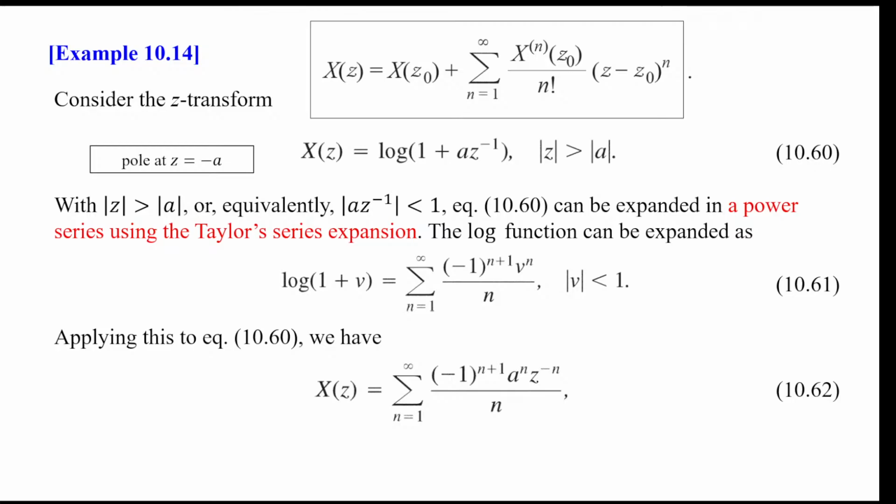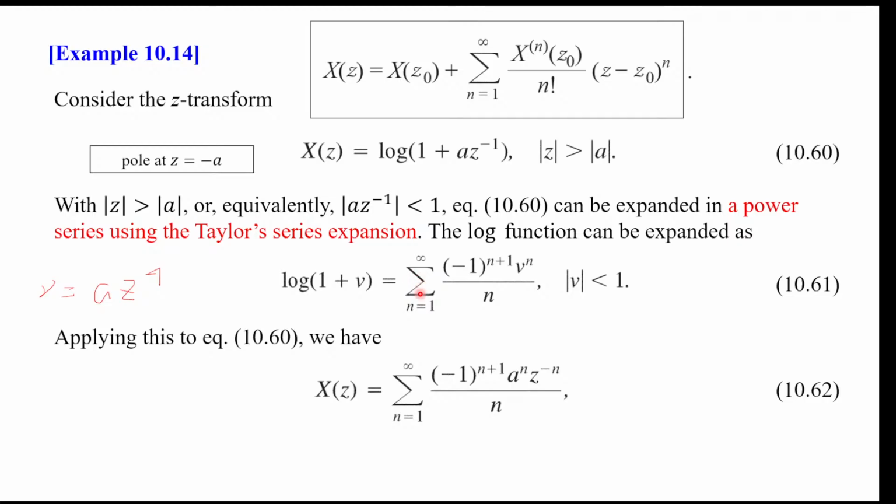We define some new variable, sorry, this is actually v. So if we define this v equal to this a z minus 1, and this is nice because we know a z minus 1 is small, at least it's less than 1, so we are expanding on something that's not too big.